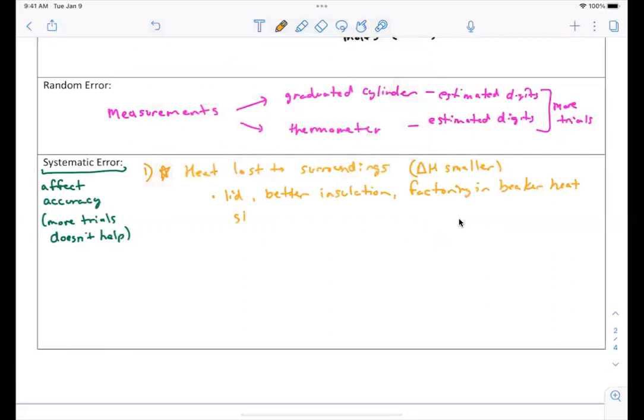Like we said, stirring is also another way because the faster the reaction happens, the less time you have for heat loss to surroundings. Beaker heat, sorry. My handwriting is. So like for combustion, factoring in how much heat is being absorbed by the beaker would also make your values better.